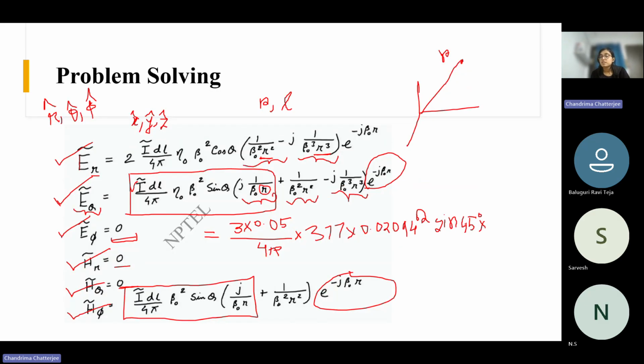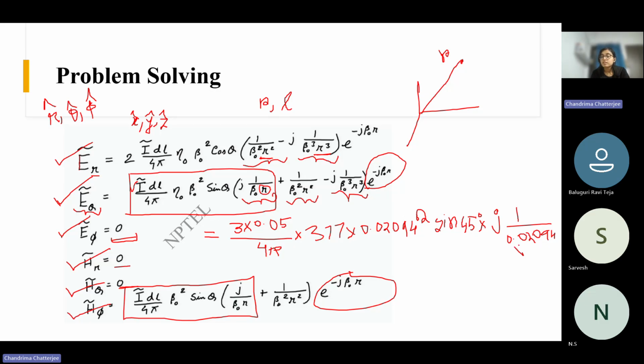So we were here, right? J we will have to consider, because if you need the phase angle, then obviously the J you will have to consider. And then again we have 1 by beta naught R. So again beta naught 0.094, and R is 2000.